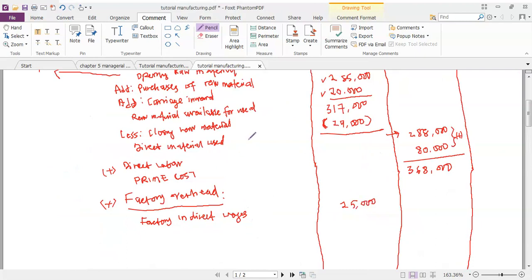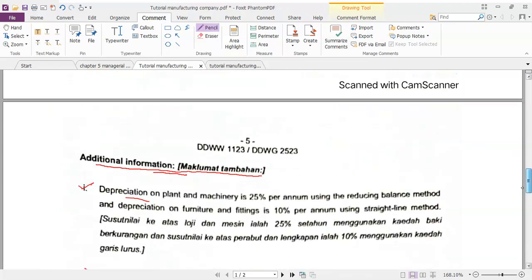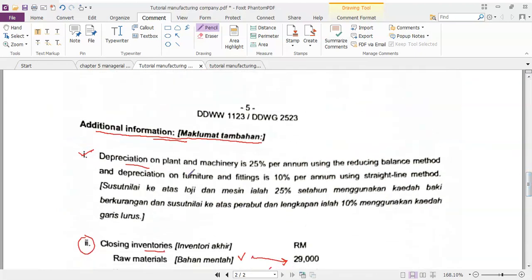Okay, what else do we have? If you notice here, we have some expenses, for example electricity, and then we have depreciation. That is an expense also. Let's look at the additional information. Depreciation on plant and machinery is 25% per annum using the reducing balance method, and depreciation for furniture and fitting.